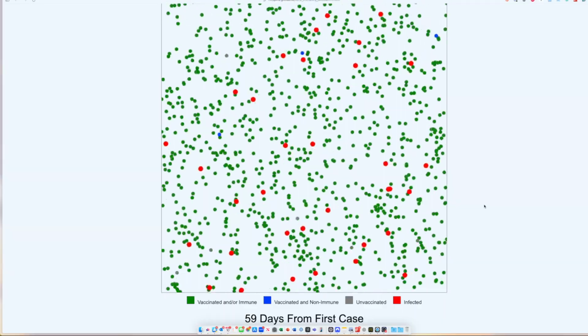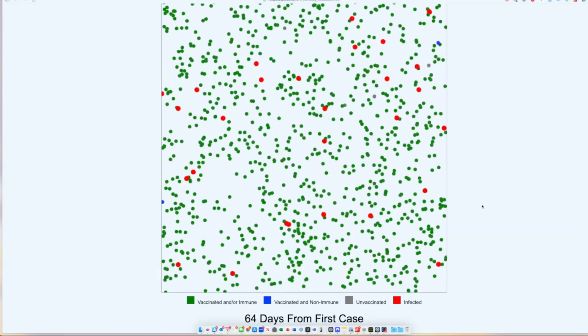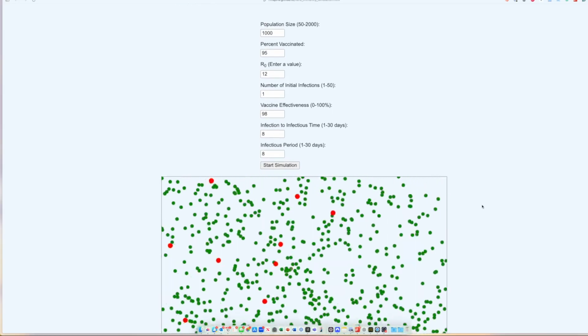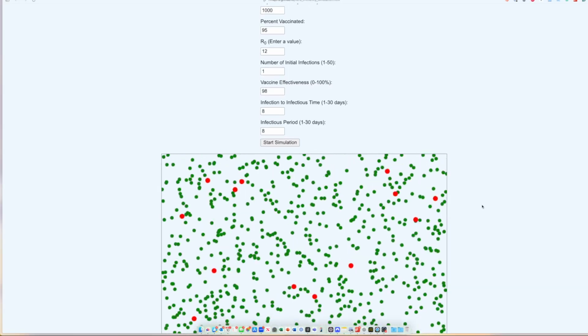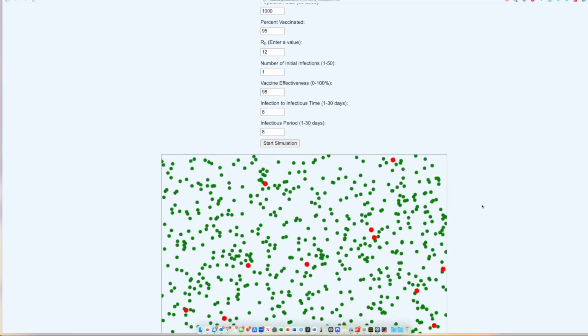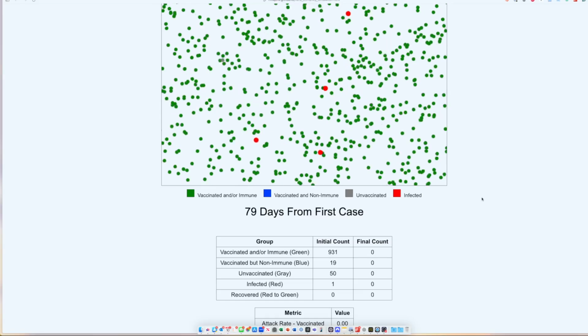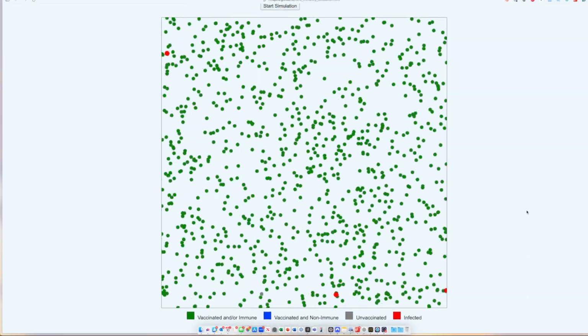And remember, if 95% of 1,000 were vaccinated, that leaves 5% unvaccinated, and then an additional 2% from the effectiveness of the vaccine. So about 70 people, and you see the numbers here: vaccinated and immune, and vaccinated not immune.